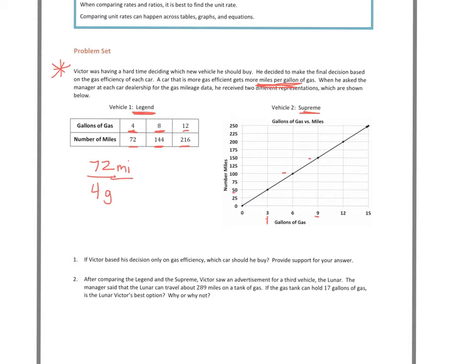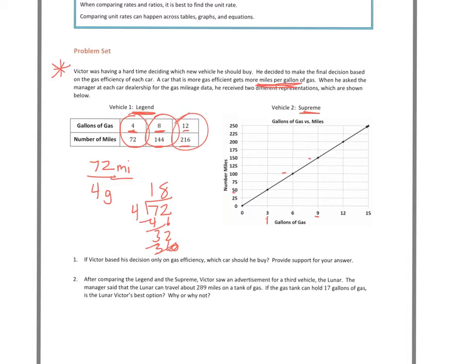So for Legend, it went 72 miles for 4 gallons. I could use any of these ratios. They're all equivalent, but I'm going to take the smallest one, and I know that in order to find unit rate, I'm going to divide 72 by 4. And it looks like I'm going to end up with 18.